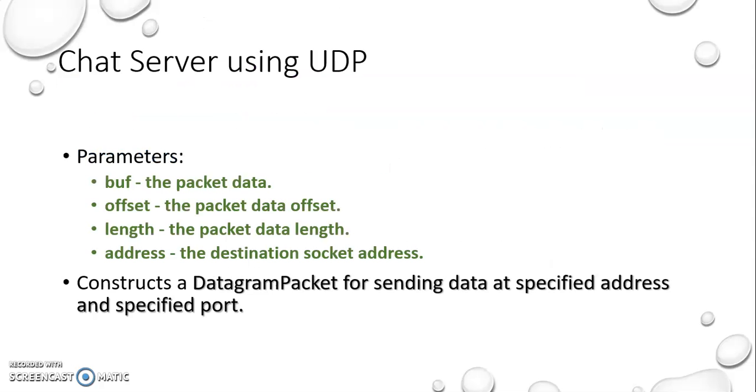So each parameter in detail: buffer means the packet data, offset the packet data offset, length the packet data length, and the address means the destination socket address. So that it means the address to which the data is to be sent, the specified address and the specified port.